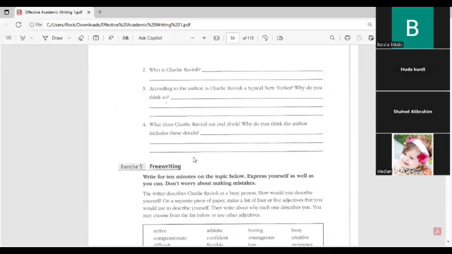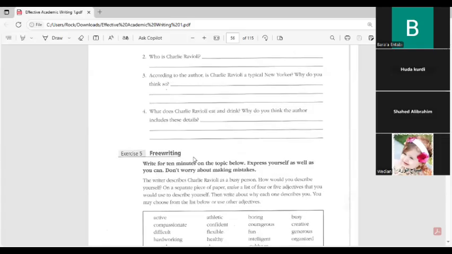Yes, and the author said that he is a typical person as in New Yorkers, right? So it's a hint that all the local New Yorkers are the same. These are the typical traits or habits of people in New York.